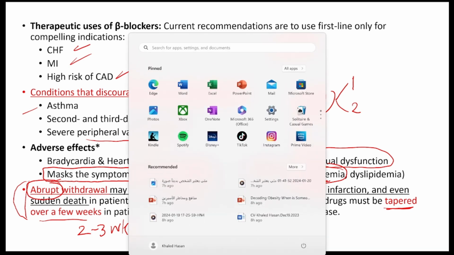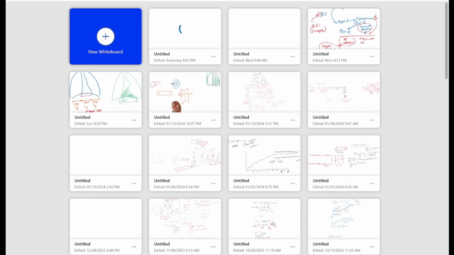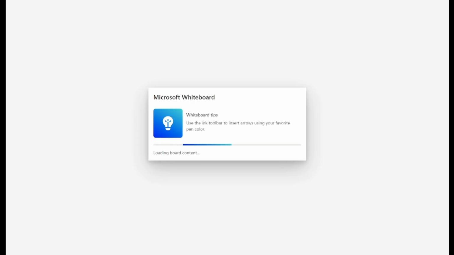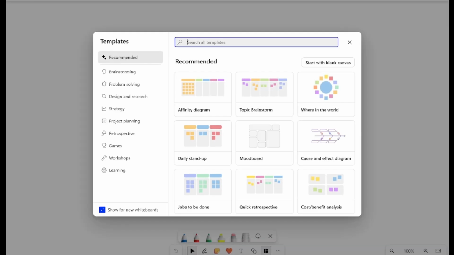If you go to the whiteboard to explain what happened there. Okay, so we have two concepts. The first concept is called upregulation receptor.